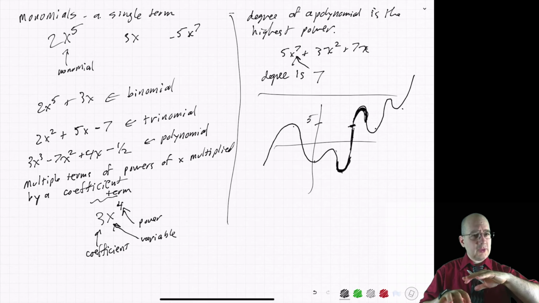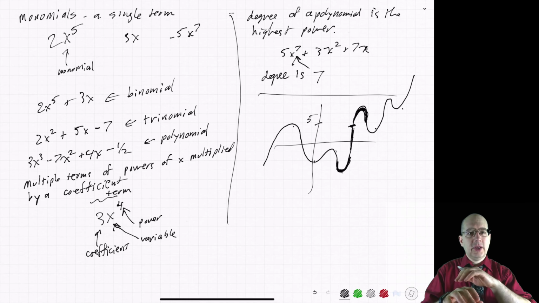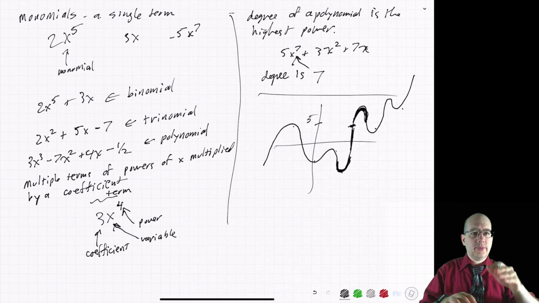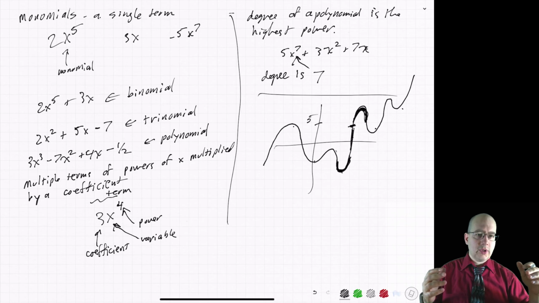Even thinking of the surface of the Earth, you've got things above and below, so it's multidimensional. But if you just think of a road going along and it goes up and down, the height of the road could be the value of the polynomial, and where along this road you are, that would be the x.